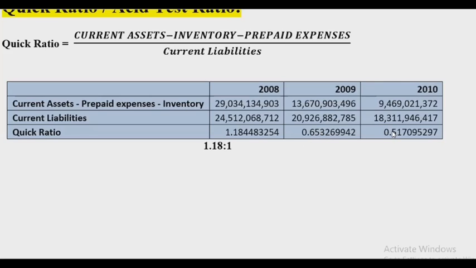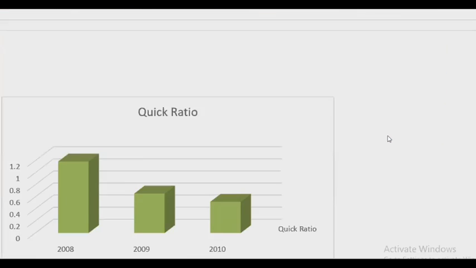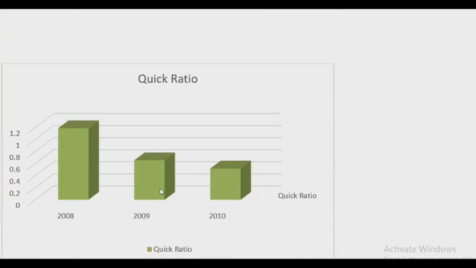In 2010, we have 0.51 of liquid assets ready for payment for every $1 of liability. Here is the graphical representation. You can see as compared to 2008 and 9, our current year performance, which is 2010, is not good.